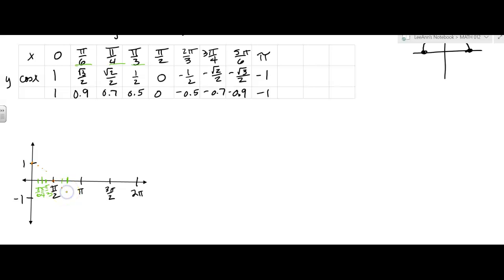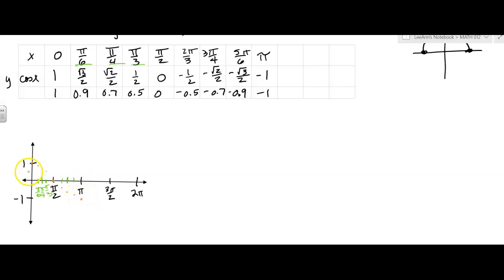So right there maybe. Kind of hard to see my dots. And then 5 pi over 6 was 2/3 of the way, and that was at negative 0.9. Right there. And then finally at pi it was negative 1.